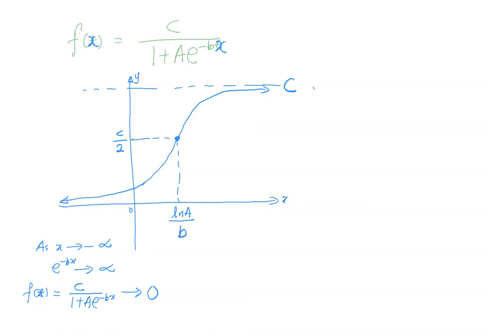There's an upper limit, and there's an inflection point. That means there is a point where it is increasing at the fastest rate. It is always increasing, unless I put this at negative, then it is always decreasing.